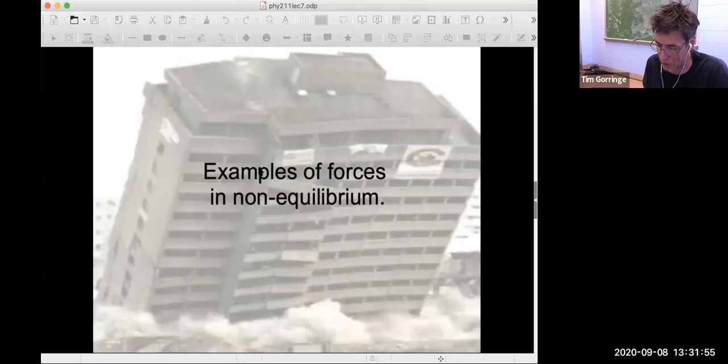And because there are net forces acting on it, the building that at some point was at rest is no longer at rest. It's falling towards the ground, accelerating under the influence of the various forces that are not now in equilibrium. So this is the big distinction between the pile of rocks in the equilibrium situation, where they were at rest and staying at rest, and this building in non-equilibrium, which was at rest but is no longer at rest as it collapses. So that's what non-equilibrium is.